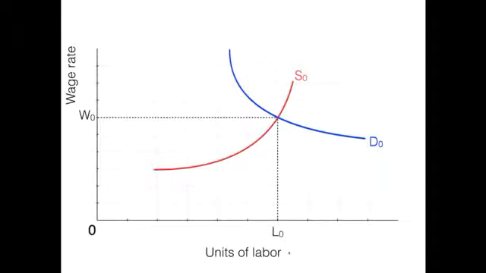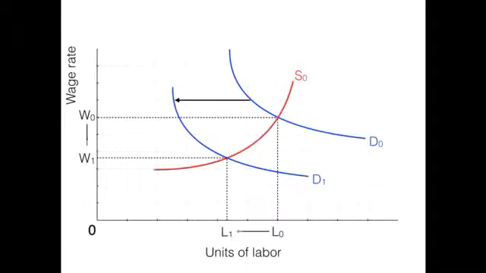So let's assume that there's some kind of change in the market and there's a decrease in the demand for labor. So the demand curve shifts to the left, and we relabel that as D1. And what occurs is we will have a new equilibrium. Our original equilibrium is where D0 intersected S0. Our new equilibrium is going to be where the new demand curve D1 intersects S0.